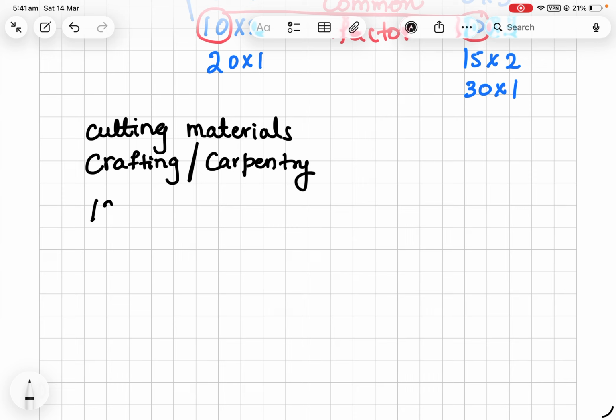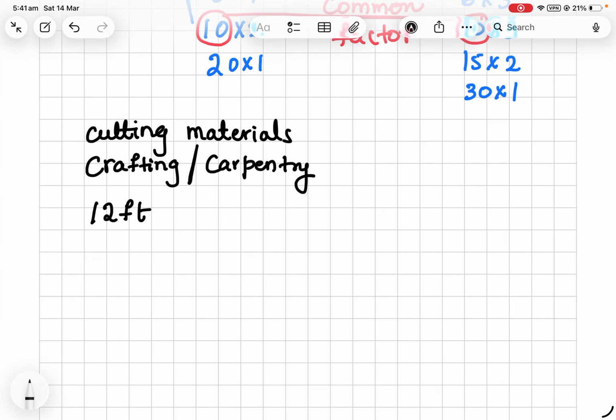Let's say one of them is 12 feet and the other one is 18 feet. Now, when cutting two different lengths of wood into smaller, equal sized pieces without any waste, your highest common factor will help you find the largest possible length for both the pieces.